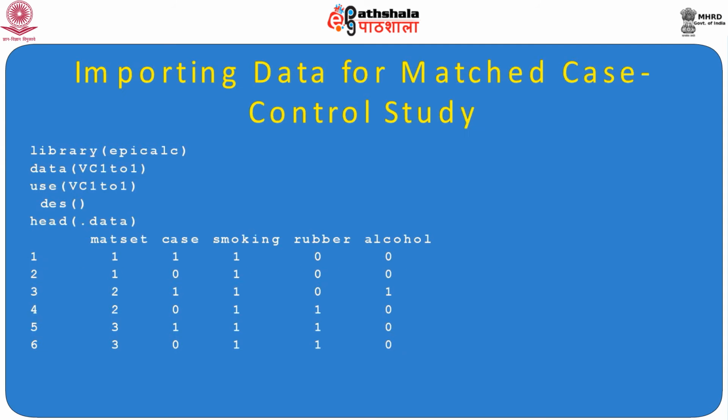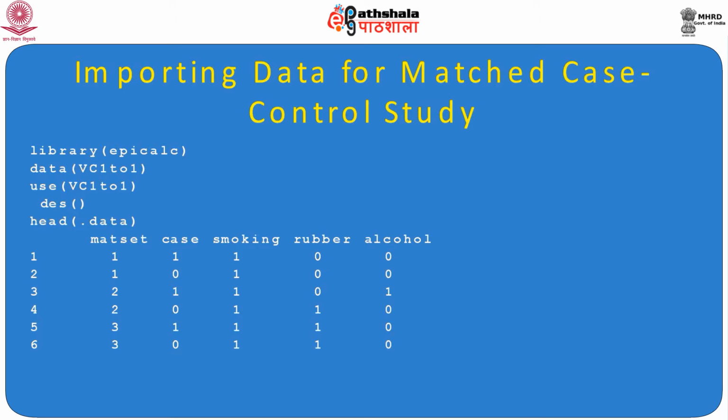So, data is VC1to1, and after that we are calling use VC1to1, and when we put the head of dot data, where the data is assigned as VC1to1, then the first column is matchset, second column is case, third column smoking, fourth column rubber, and fifth column alcohol.